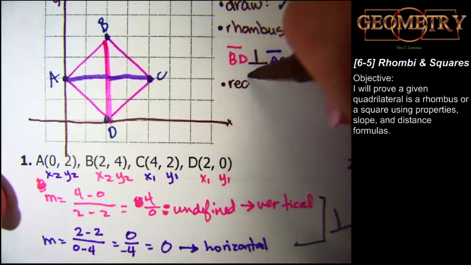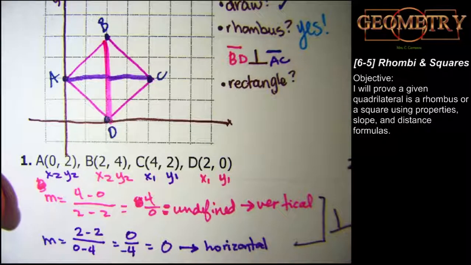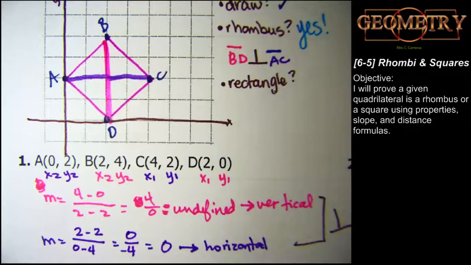Next up, is this thing a rectangle? Congruent diagonals or perpendicular consecutive sides. Since these diagonals are vertical and horizontal, they're lying on the grid lines, which means I can just count.